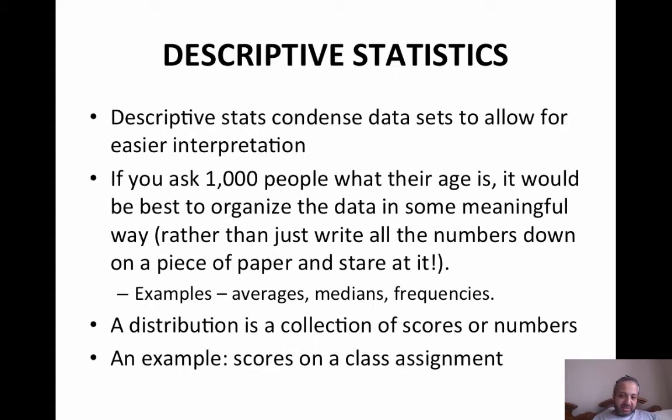So the best example probably of a descriptive statistic is the mean or the average, right? It tells you, obviously, it's a measure of central tendency. So it kind of tells you where the middle is, and that's useful. It's not the end all be all, but it's important. Frequencies are important.